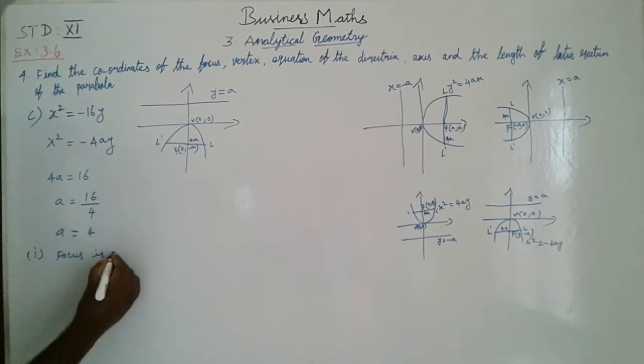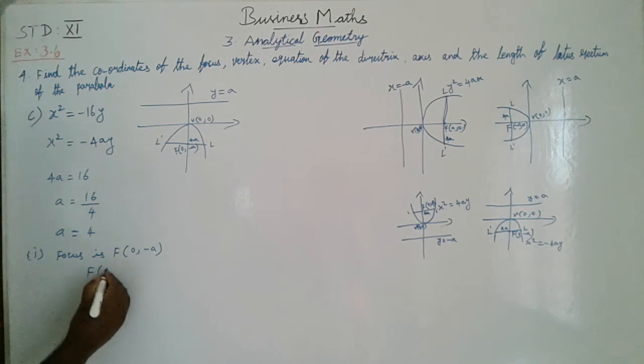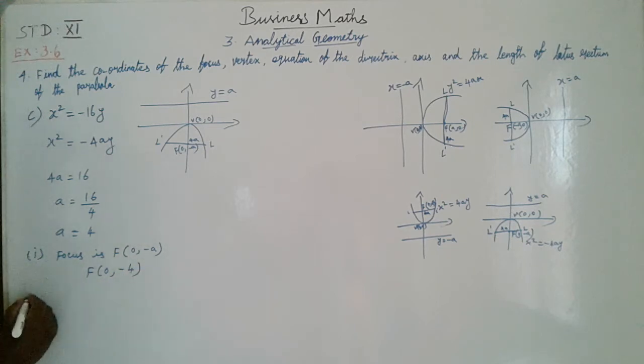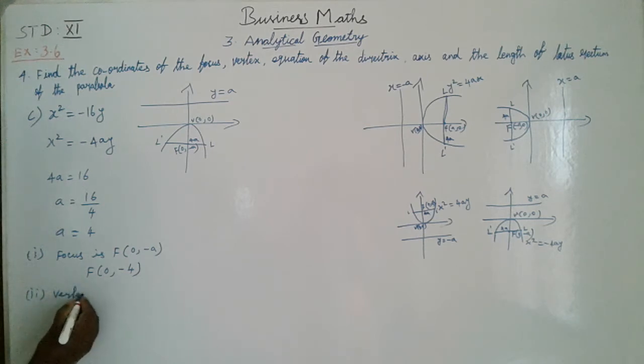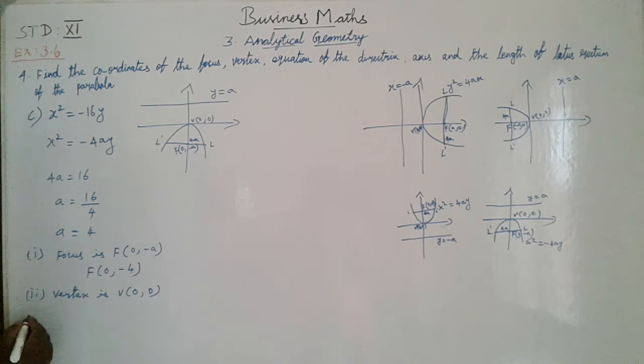Focus is F(0, minus a), so F(0, minus 4). Second is the vertex. Vertex is V(0, 0).